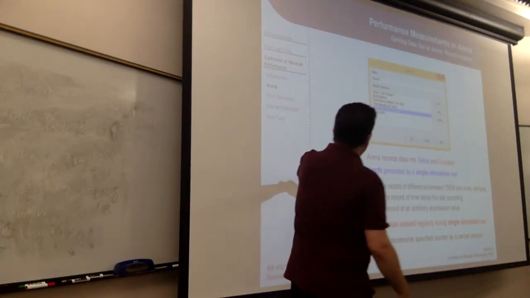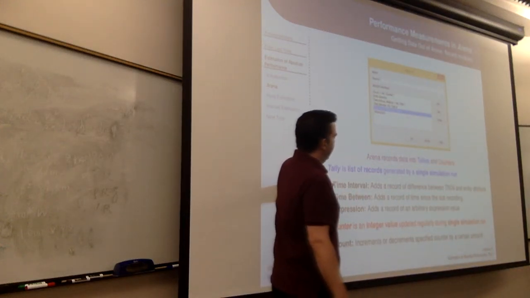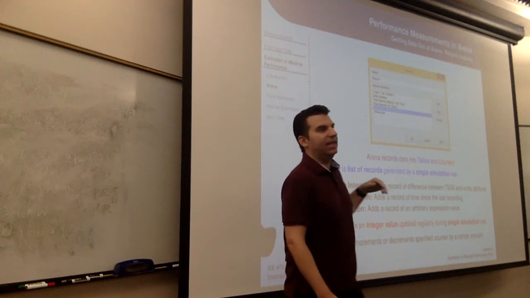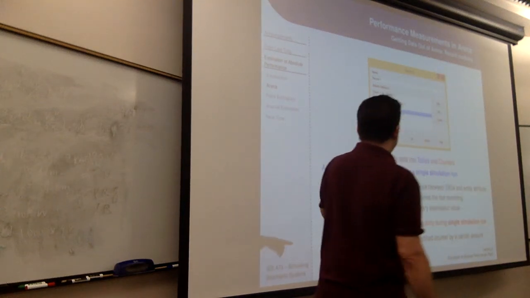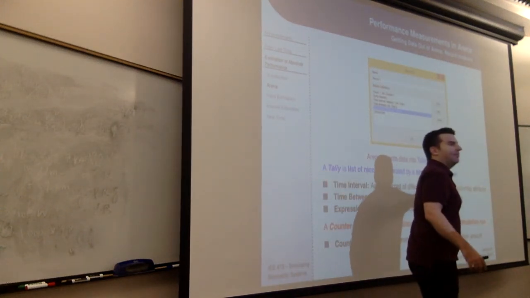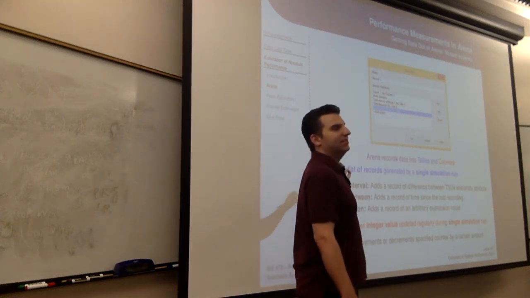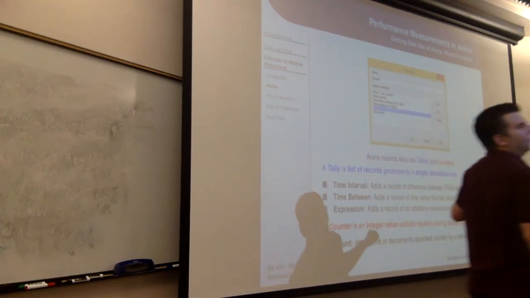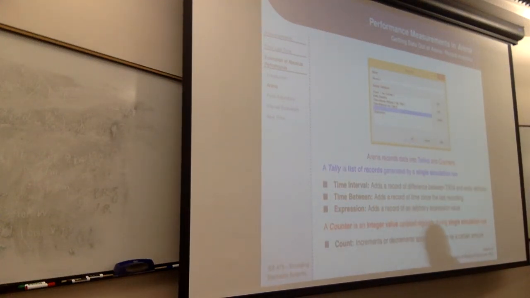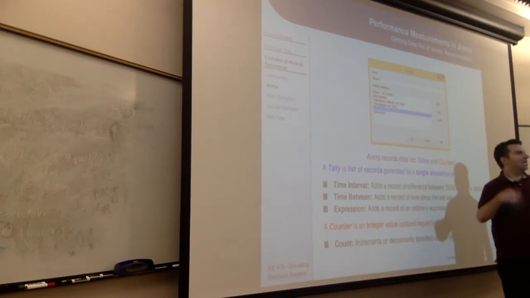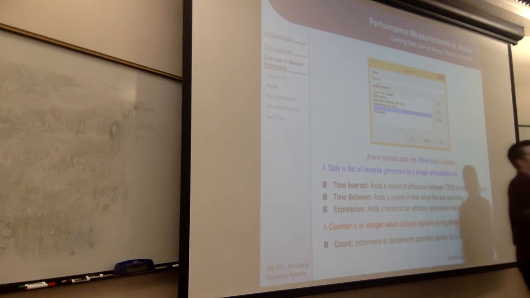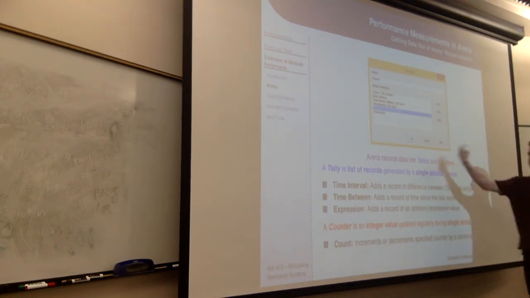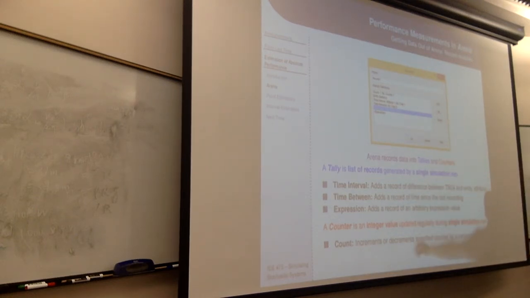In the case of tallies, like time interval, whenever that entity goes in, it will calculate the difference between the current time and some attribute that's been stamped on the entity. Like, when did it enter the system? When did it enter a part of the system? This time interval will subtract how long it's been since that spot, and it will add it to the tally that you specify. So you get a list of these differences that you can then analyze later.